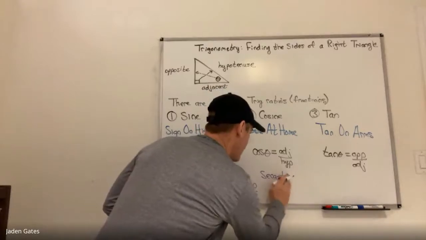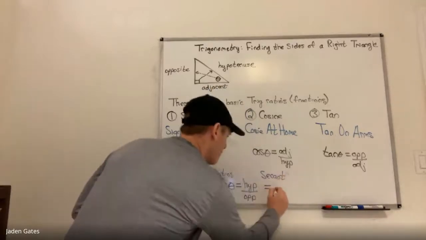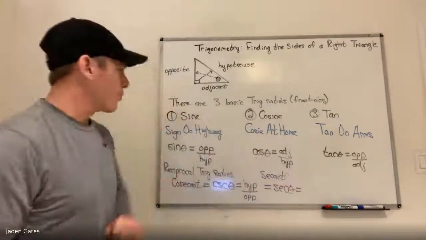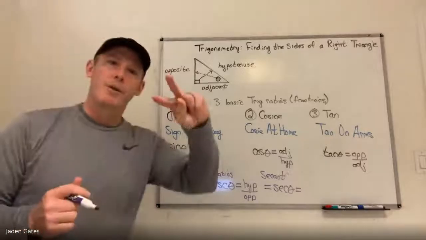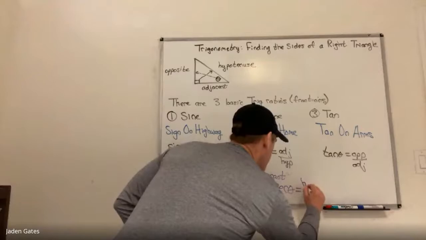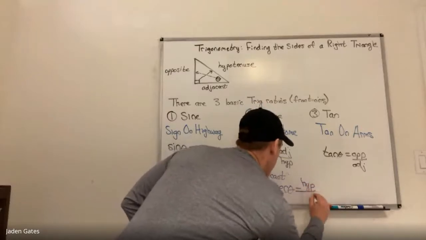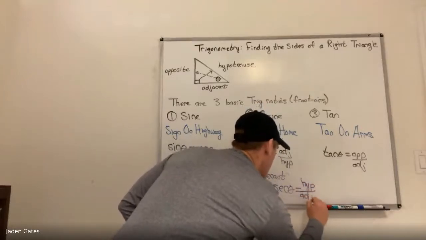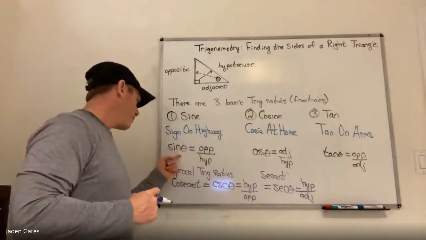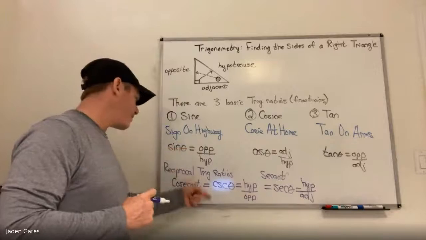Secant theta, which again I'll short form to SEC theta. And it is the reciprocal of cos, which means I'm going to flip the cos ratio. And so I have the hypotenuse divided by the adjacent. Again, just flipping the cosine ratio. The cosecant, flipping the sine ratio.